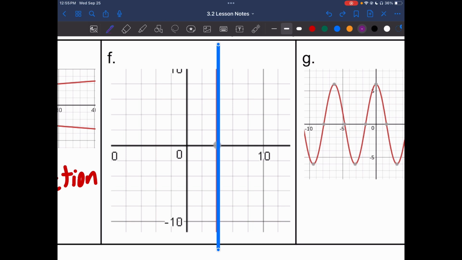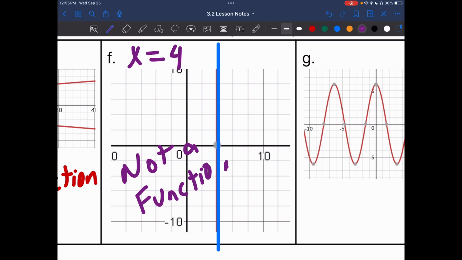This line is x is equal to 4, meaning that x will always be 4. So this is not a function. And the reason why? Because with the vertical line test, that vertical line will cross every point on that graph.